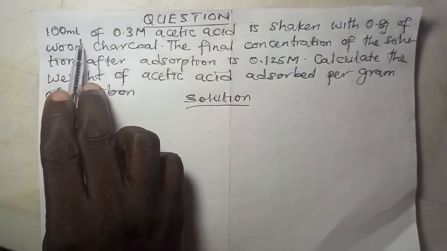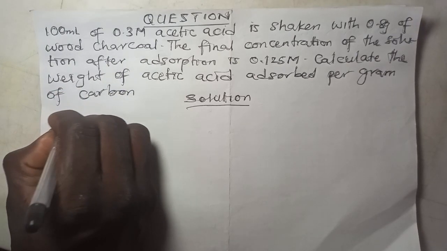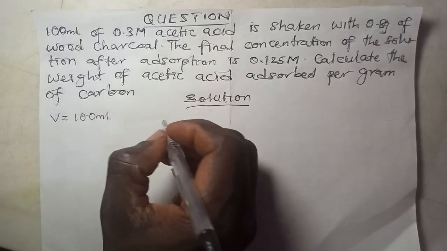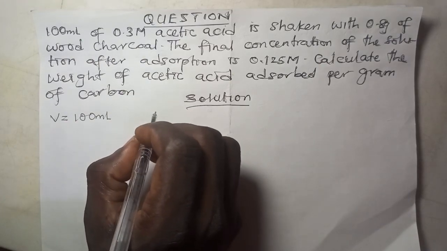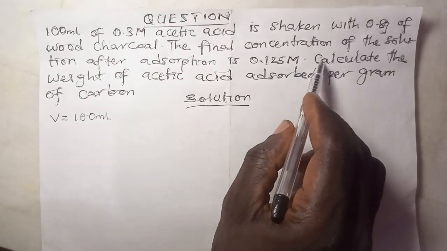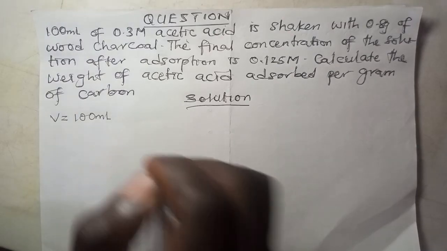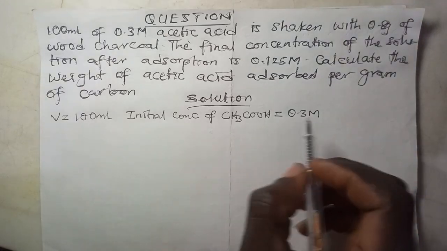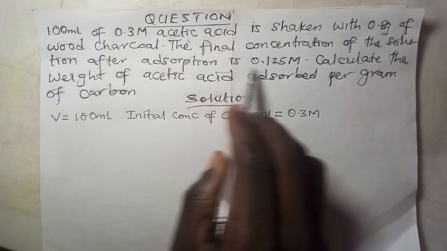The 100 milliliter is the volume. Take it as the volume of 0.3 molar acetic acid. We talked about the final concentration here. That means we shall take this as the initial concentration of acetic acid, 0.3 molar, because we were given the final.